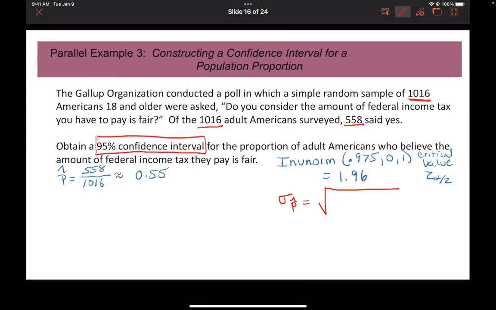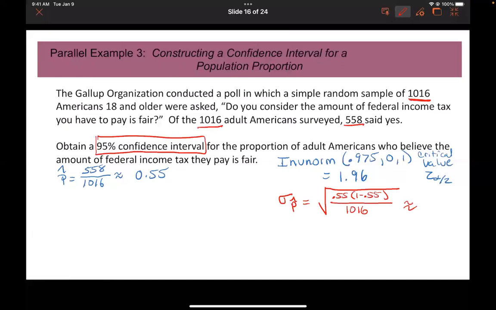So I have 0.55 times 1 minus 0.55 divided by my n, which is 1016. Trying to make sure to do it step by step so that we don't have the "what the heck is going on" thing happening, because I know that happens. It's okay. I don't know what I did.